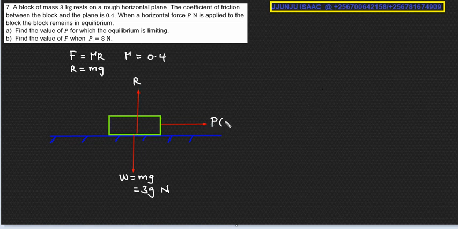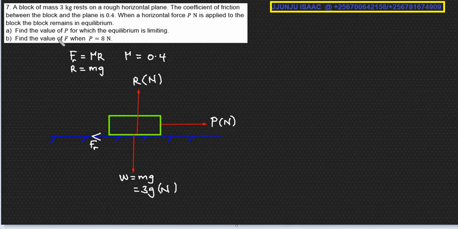This is P newtons, trying to pull the particle to the right. Now the friction force between the surface and the block will try to oppose, so we shall have that friction force given by mu R, which will oppose.